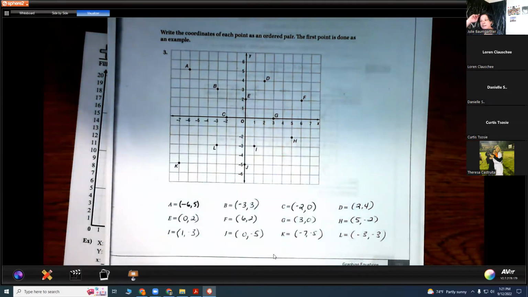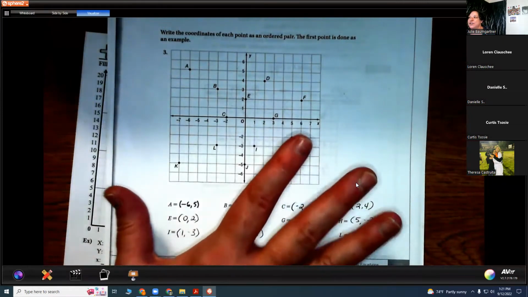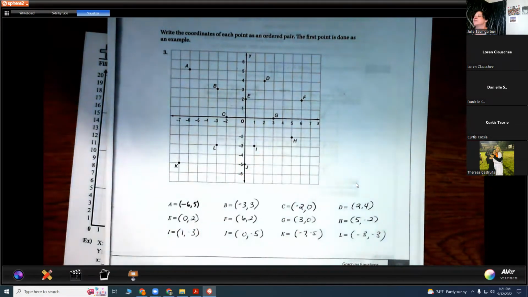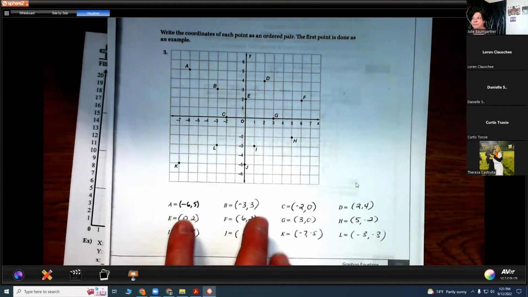Definitely you might see this on your progress test, but it's probably not going to be on a GED. It's going to be more complicated than that, but this is the starting point. So hopefully everyone feels good about this starting point, because we're definitely going to be talking a lot about points. We're definitely going to need them in order to do a lot of calculating.